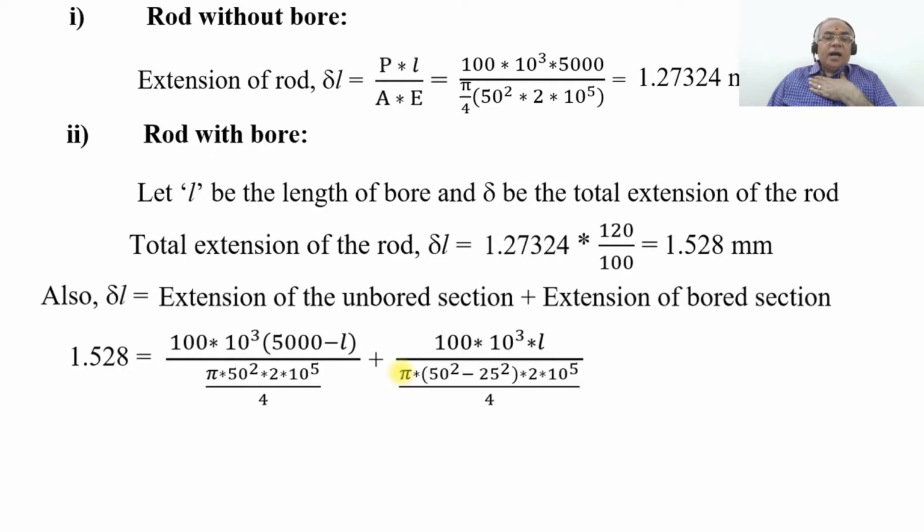That is 100 into 10 to the power of 3 into L divided by pi by 4 into (50 square minus 25 square) into 2 into 10 to the power of 5.